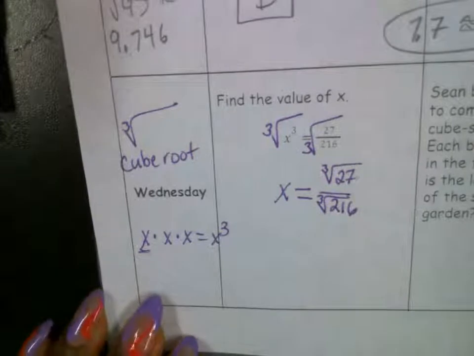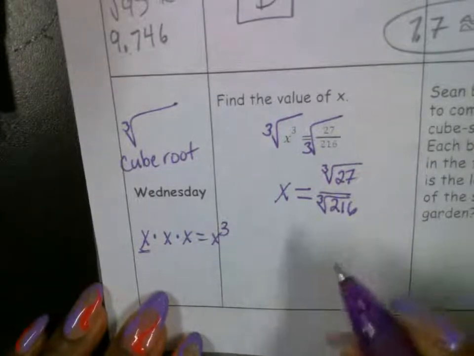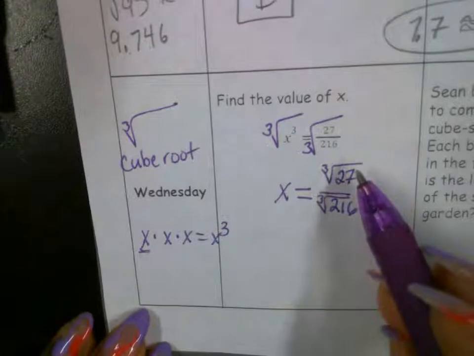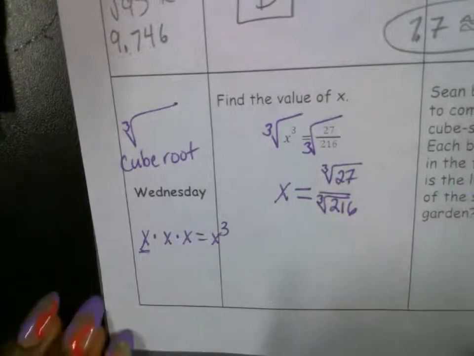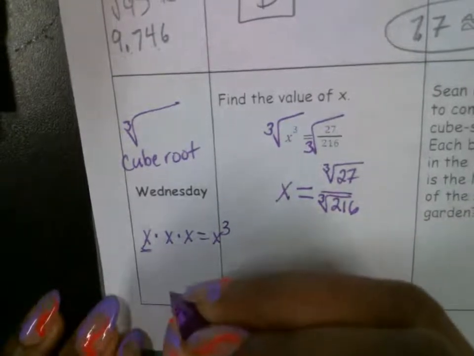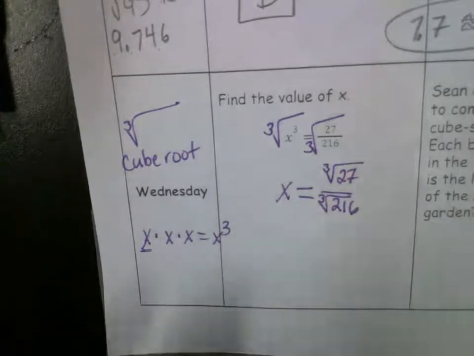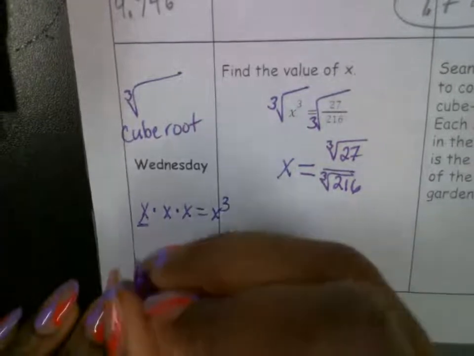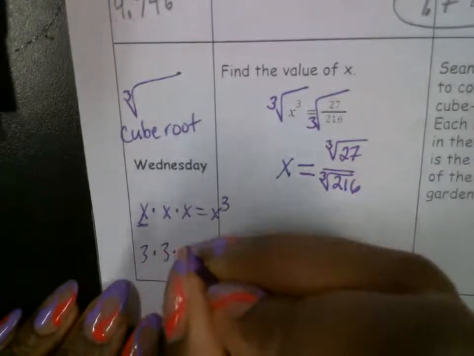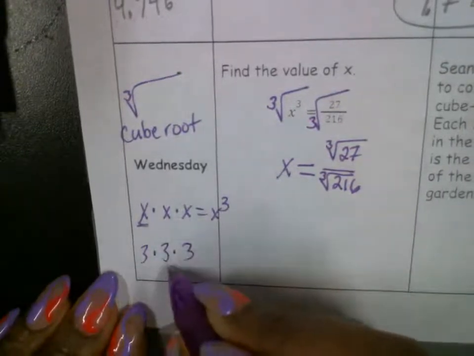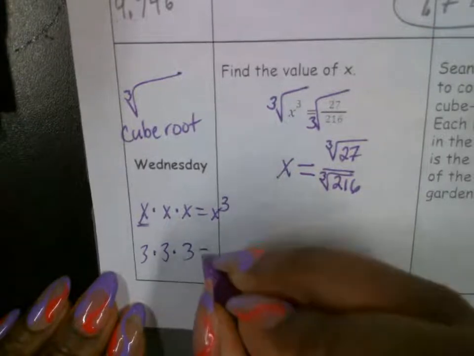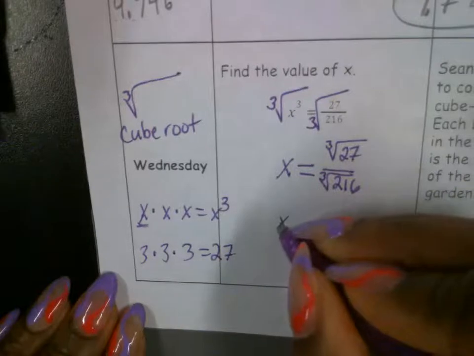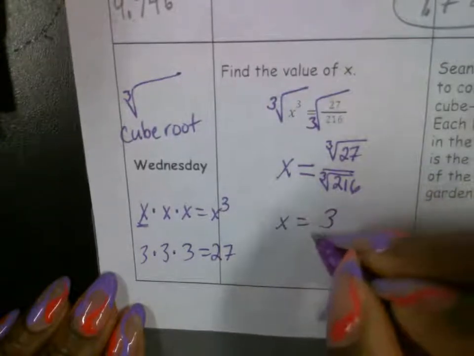Can anybody think of a number? 9 times 9 times 9 is not 27. 3. 3 times 3 times 3. 3 times 3 is 9, and then 9 times 3 is 27. So that is true. The cube root of 27 is 3.